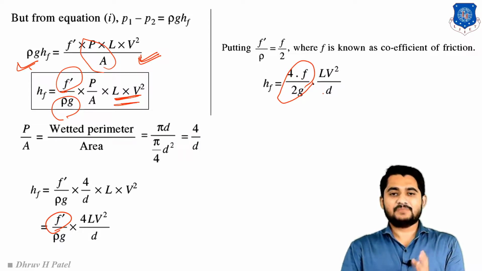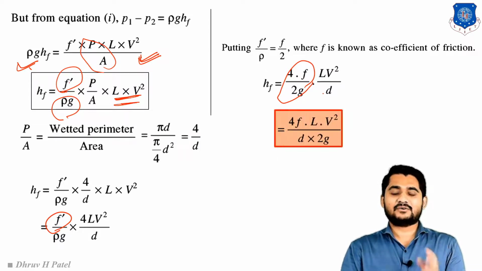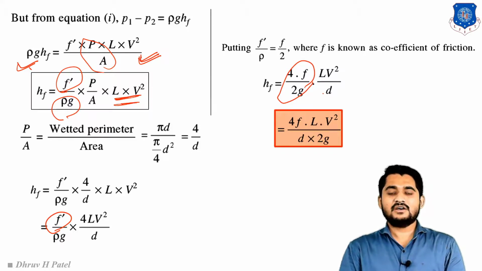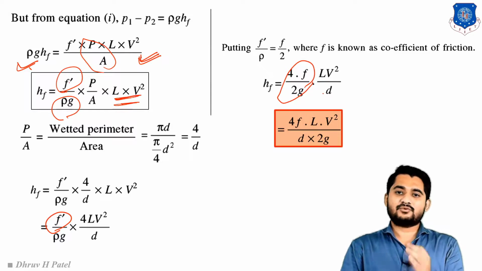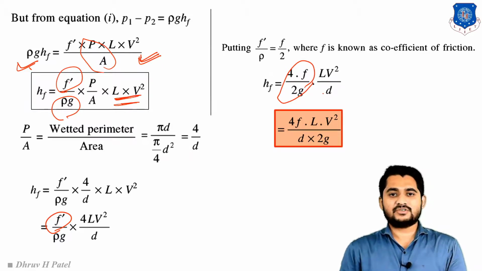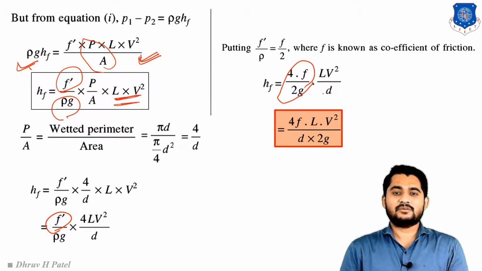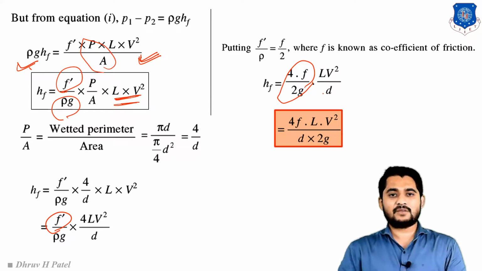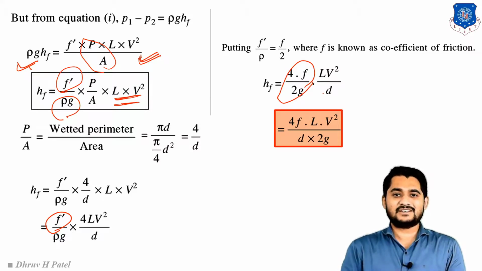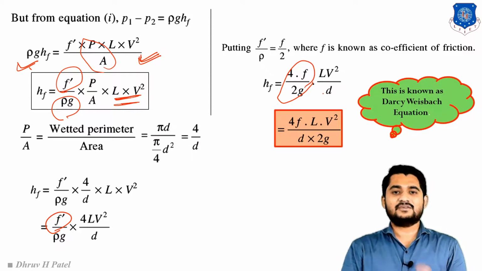So from the simplification, we can write our final equation HF will be 4 F L V square divided by 2 G D, where F is known as coefficient of friction. So we have to remember small f is friction coefficient or coefficient of friction. Clear, students? So that is simple method of derivation of the major energy losses due to Darcy Weisbach equation.